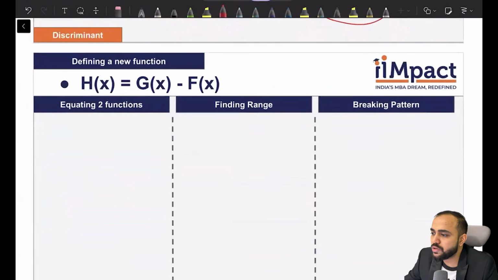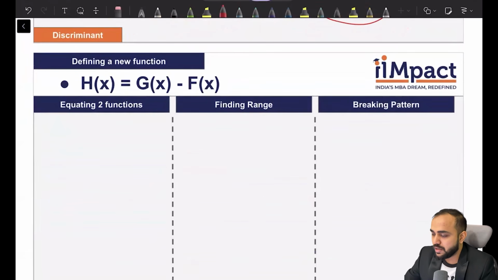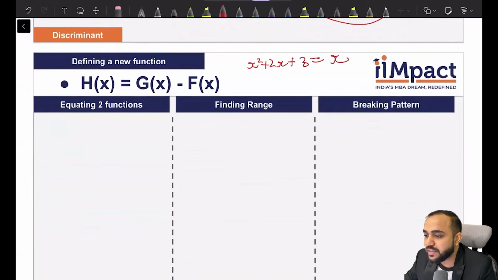So there is one more fundamental concept, which is called defining a new function. Generally, if they give you something like x square plus 2x plus 3 is equal to x, find the real solutions to this. You would cancel this out and then find the roots for this quadratic.